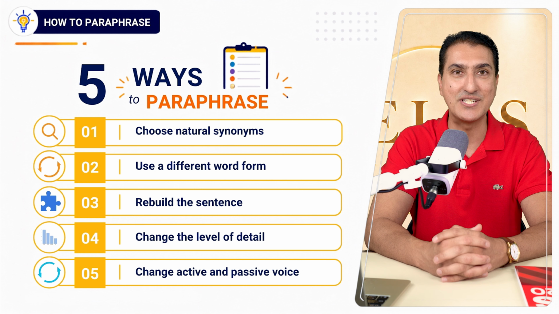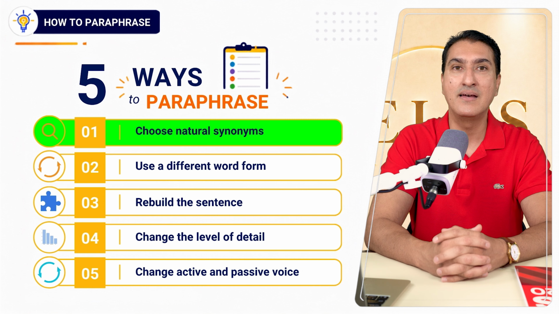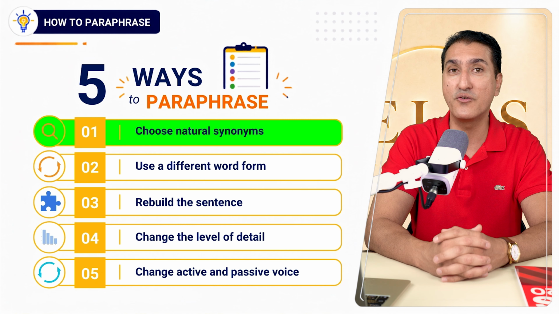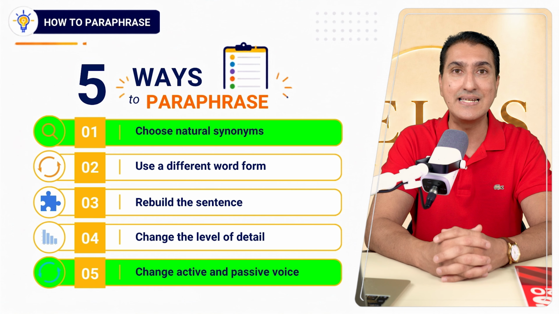Alright, time's up. Let's check the answer together. If you said 2 strategies, congratulations, you were right. Strategy number 1, choose natural synonyms. And strategy number 5, change active and passive voice.